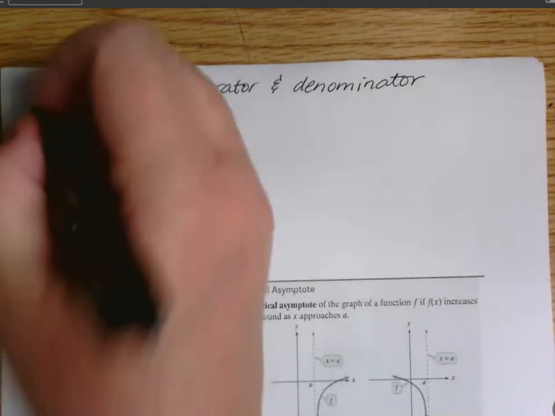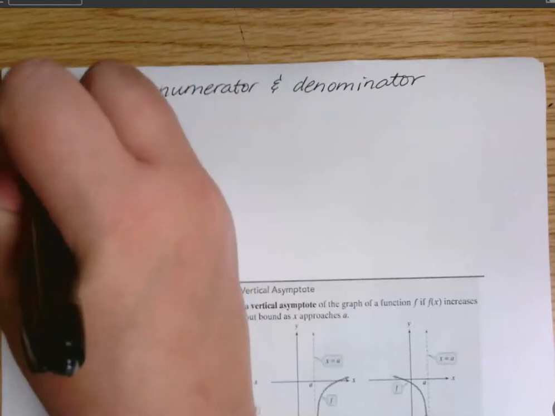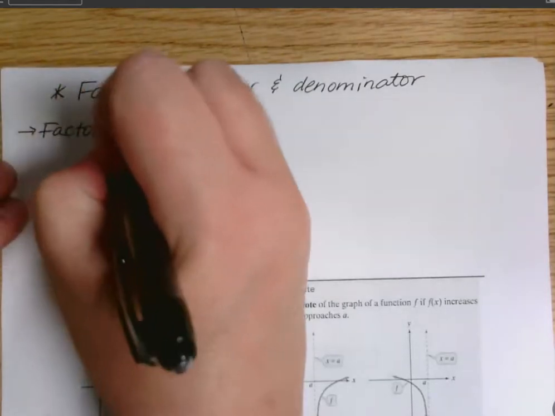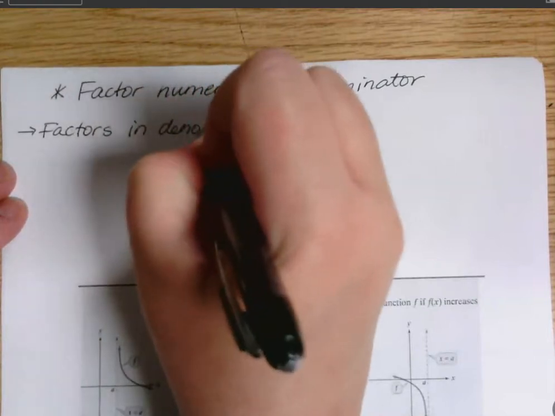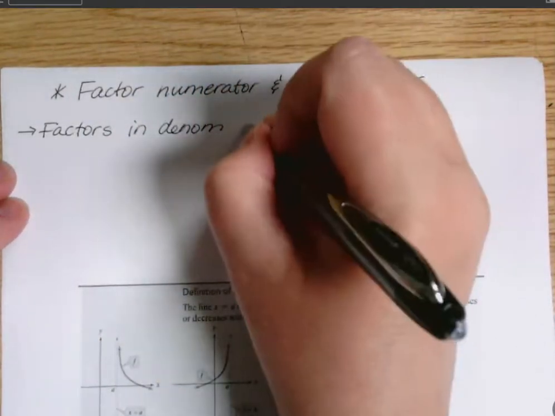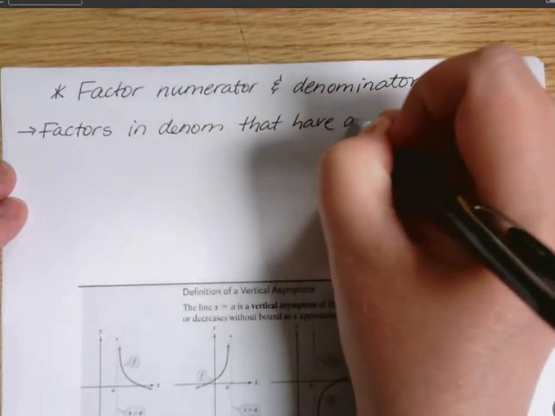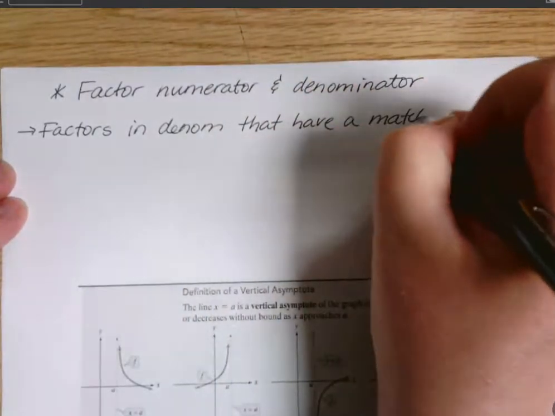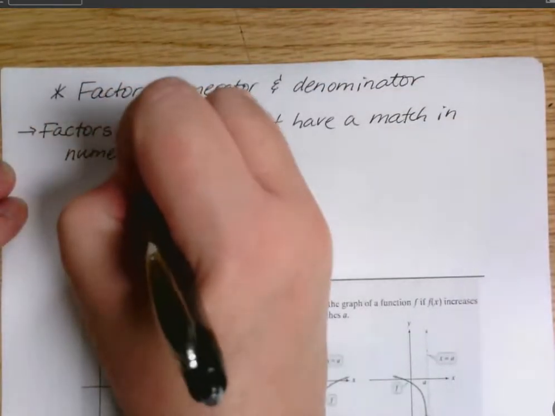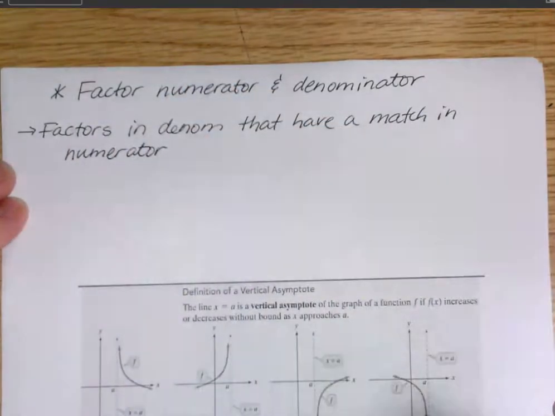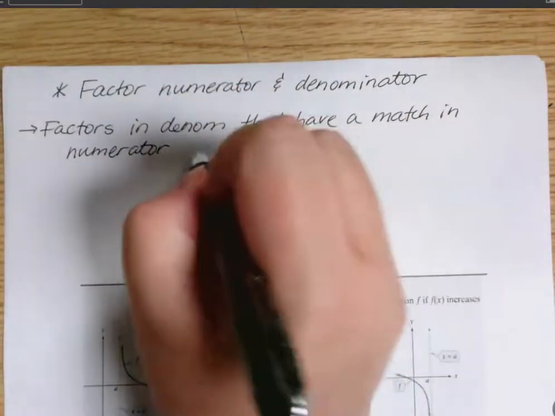Now, factors in the denominator that have a match in the numerator: if you have the same factor in the denominator and the numerator, that factor corresponds to a hole in the graph.